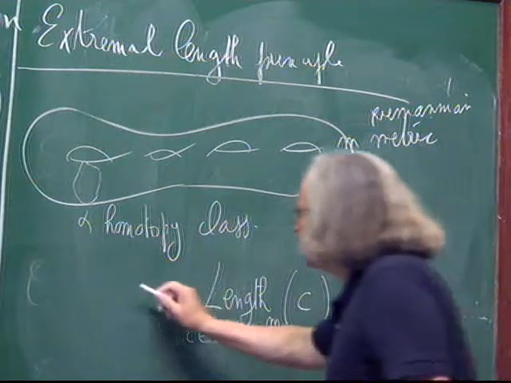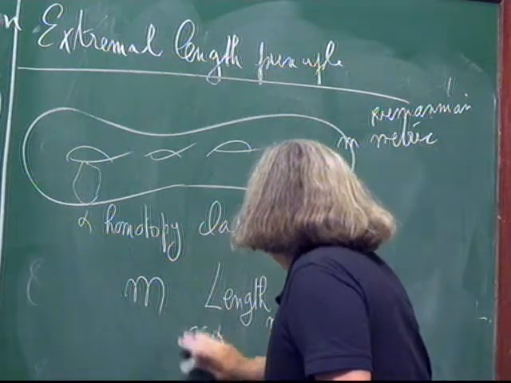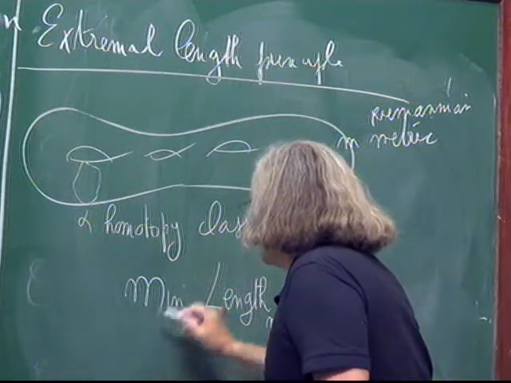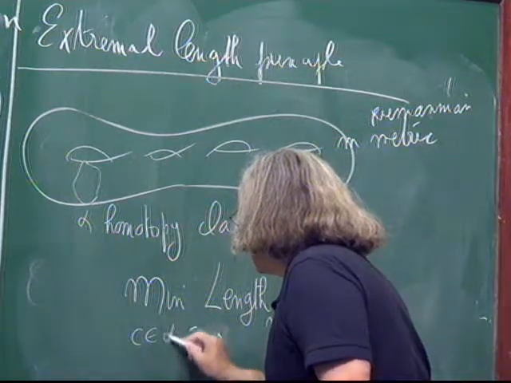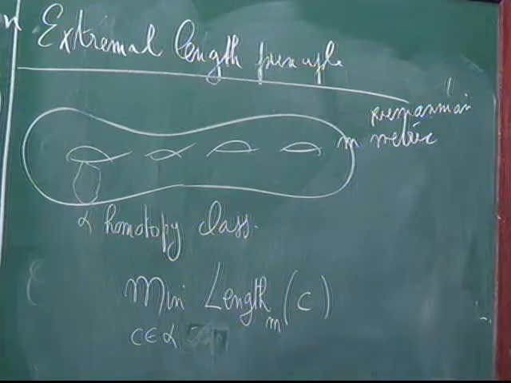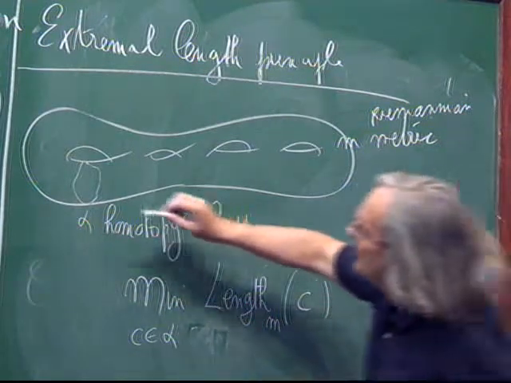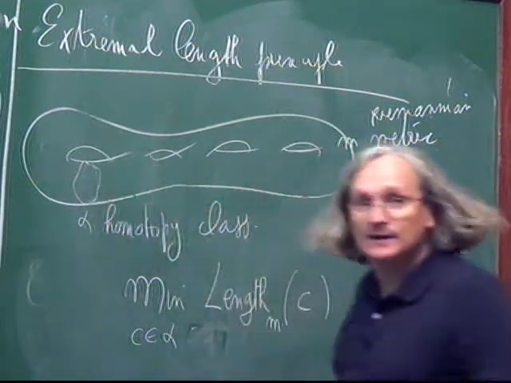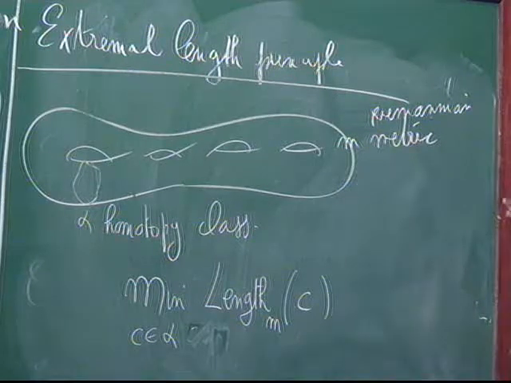You can minimize this over all curves in this homotopy class. This gives you the length of the closed geodesic in this Riemannian metric.